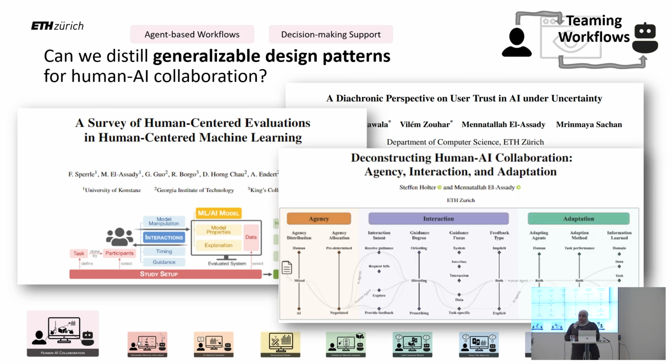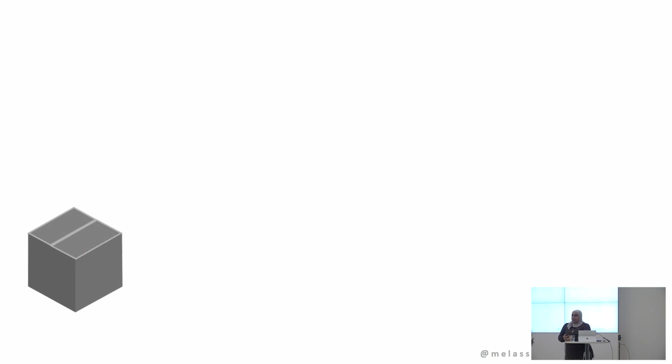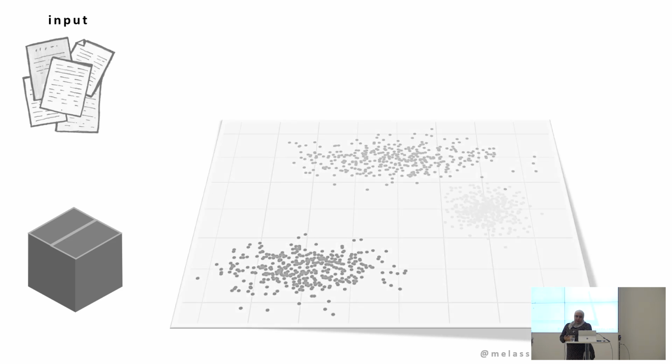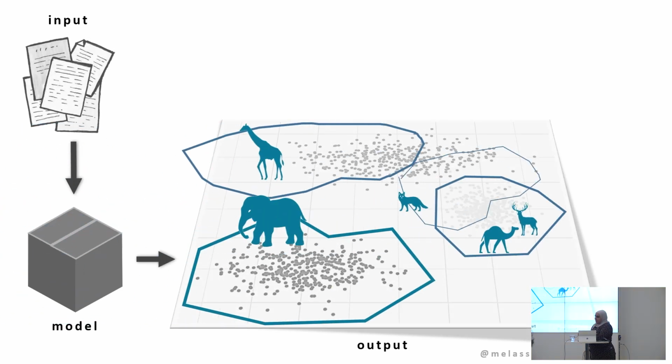We also try to figure out, if we want to break down this collaboration aspect, what are the different dimensions that people keep reporting on. For example, agency, interaction, and adaptation are dimensions that people keep repeating. To give you an example of some of these patterns, let's consider a problem in which we have a black box model that takes in some data and tries to sort this data into different topics.